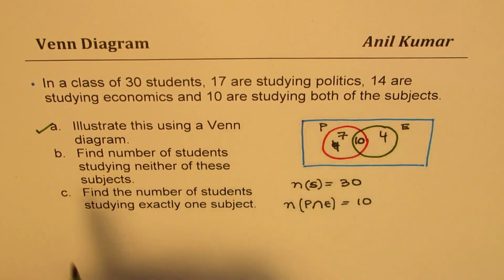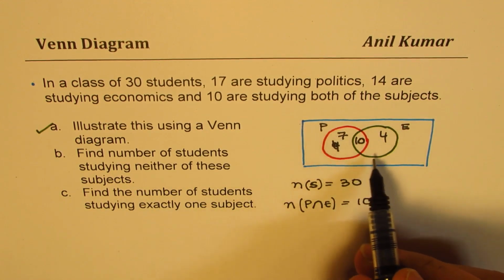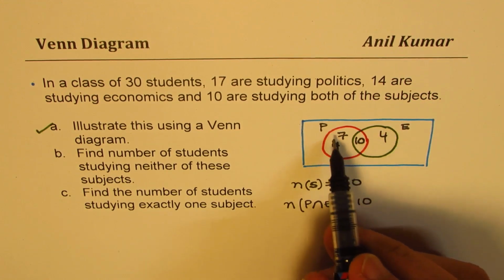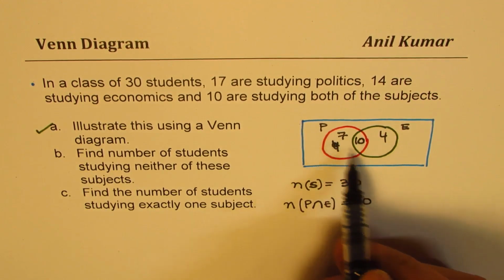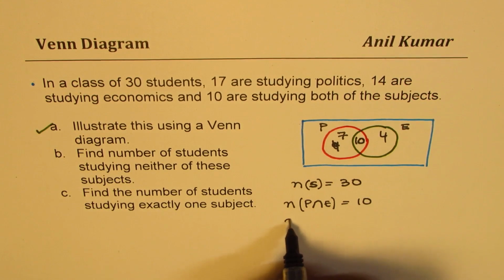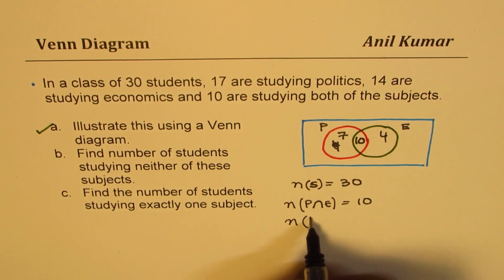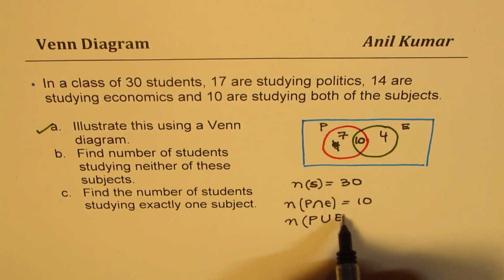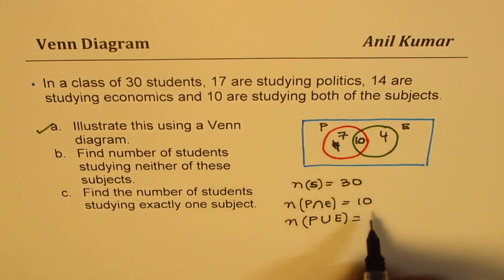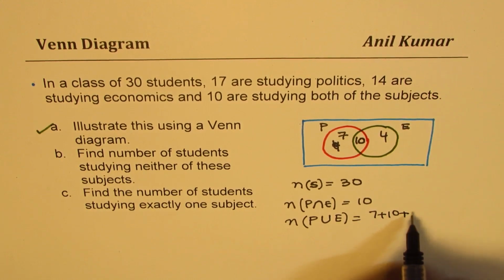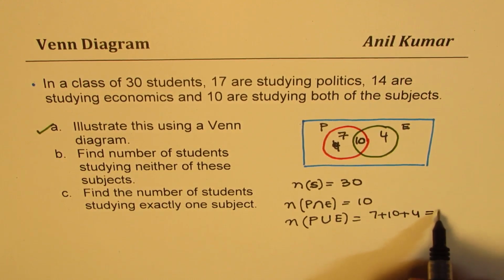So question here is, find the number of students studying neither of these subjects. How do you figure that out? Now the students who are studying either of these subjects will be how many? Let's add them all, right? So number of students who are studying politics or economics is basically equal to the sum of these, which is 7 plus 10 plus 4. So 11 and 10, 21, right? So this is all the subjects.